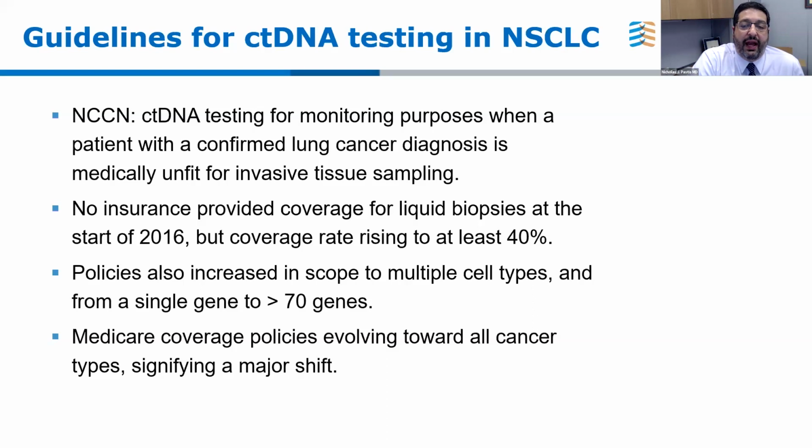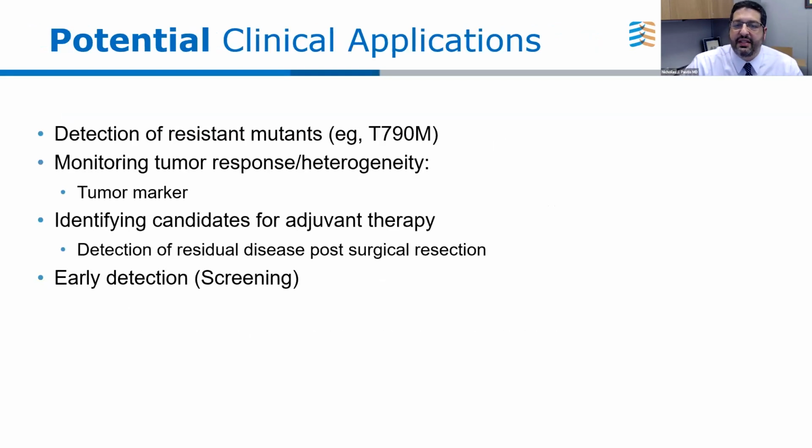No insurance was providing coverage at the start of 2016, but now almost 50% or more of insurances are covering it. Policies are also increasing to cover multiple different types of cancer, and Medicare coverage policies are improving in this regard.